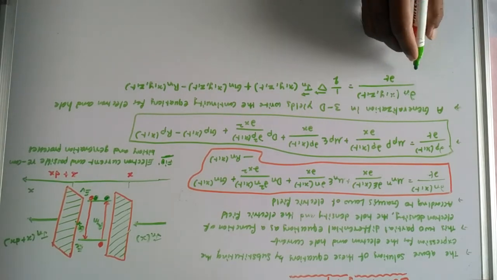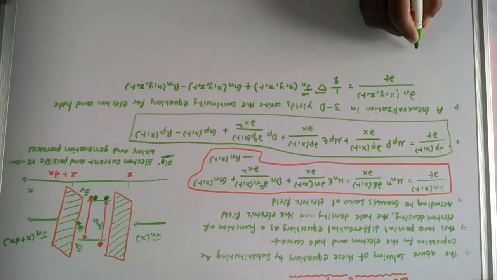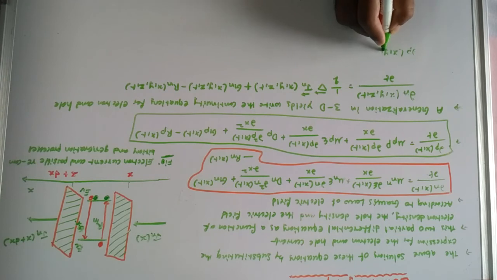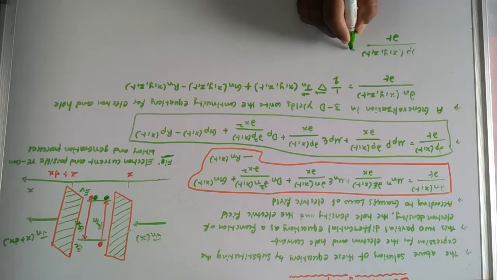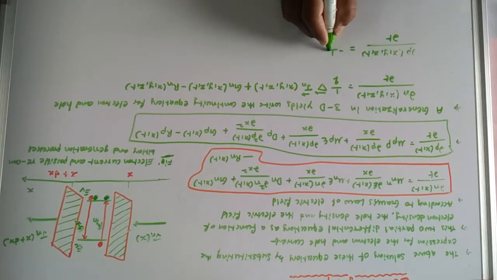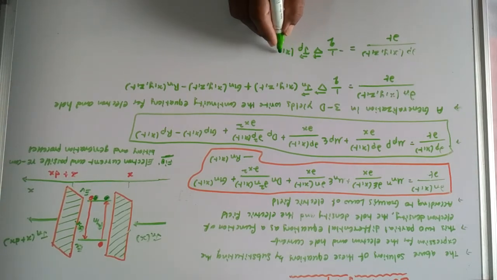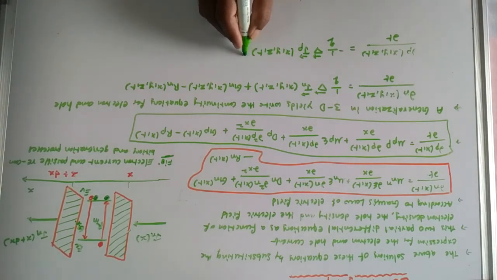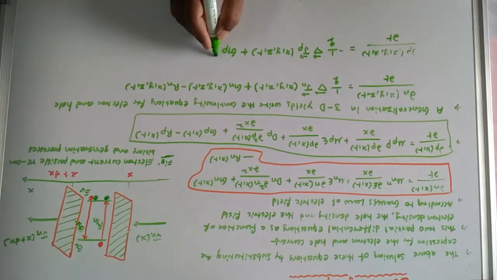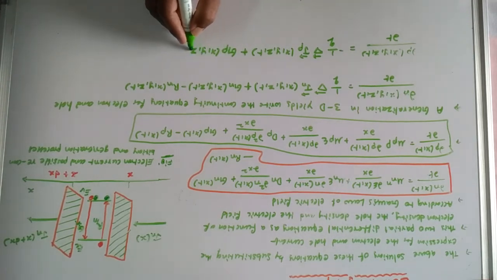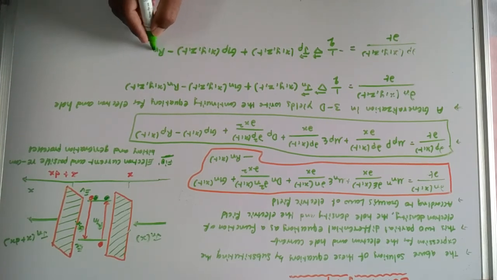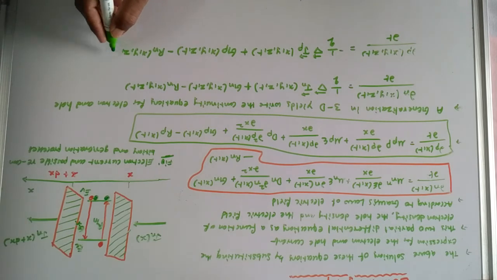Next, for holes: ∂p(x,y,z,t)/∂t = -1/q ∇·Jp(x,y,z,t) + Gp(x,y,z,t) - Rp(x,y,z,t).